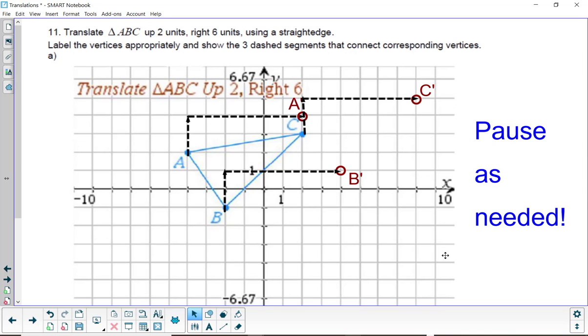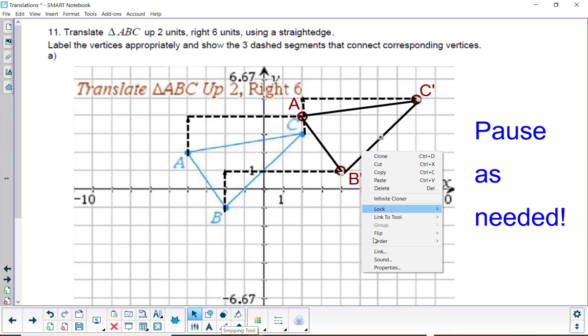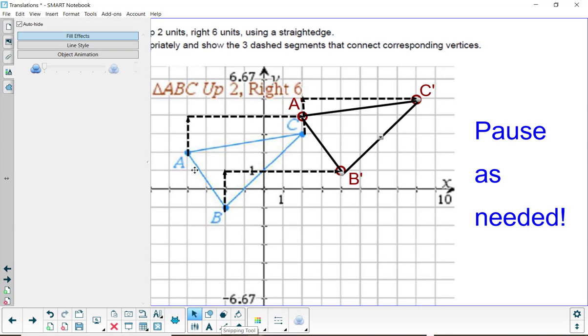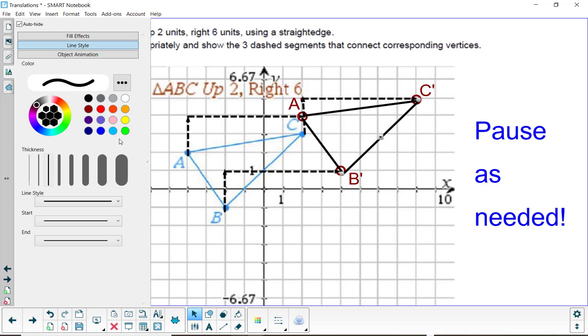And all that's left for me to do is to connect those with segments. So I'll just use plain old regular segments. A to B, B to C, and C back to A. And for good measure, I think I'll make those all brown so that they look good.